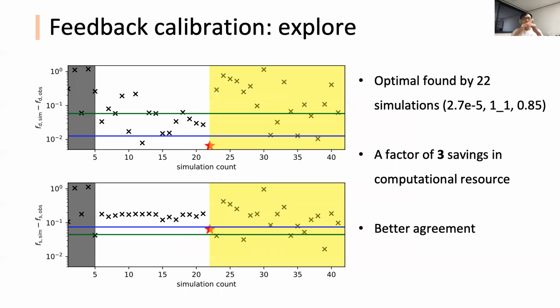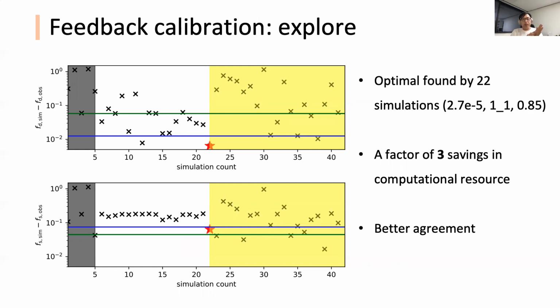The green line and the blue lines are the levels of agreement that was found in Ho et al. 2020. We find that the machine-given recommendation is actually giving us a better agreement. As you see from the FD, it is a better agreement than what was presented before.